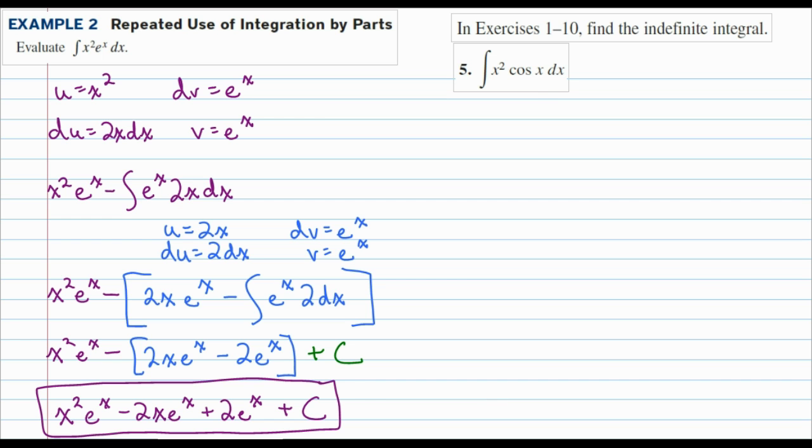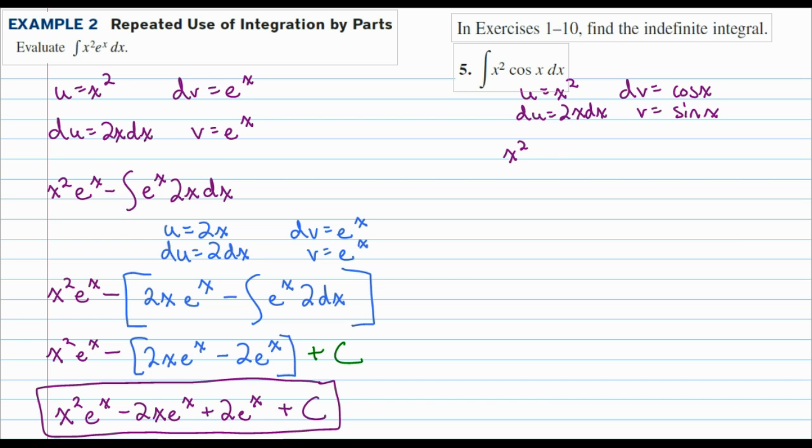So I'm going to call u x squared, and then dv is cosine of x. I'm going to take the derivative of u to get du equals 2x dx, and I'm going to take the antiderivative of dv, which is sine of x. Now I've got all the parts I need for my formula.